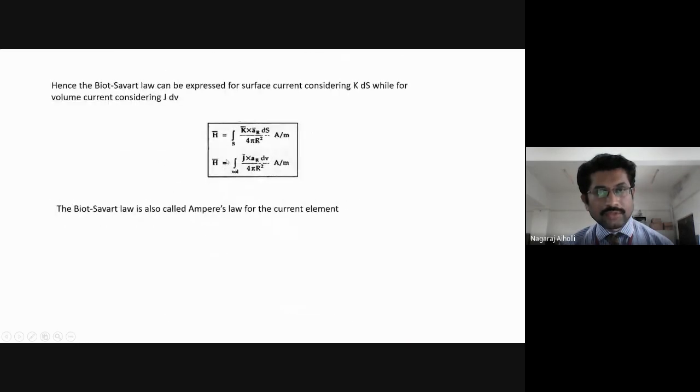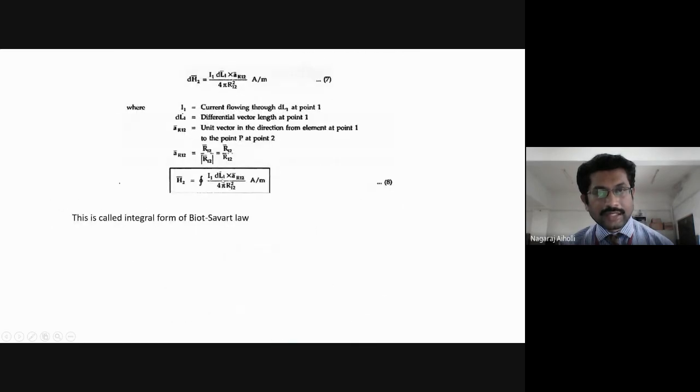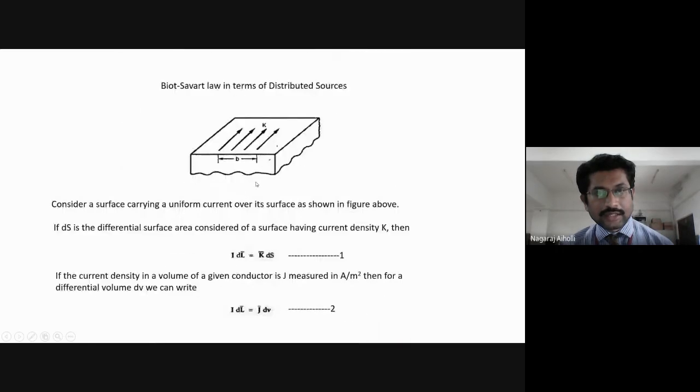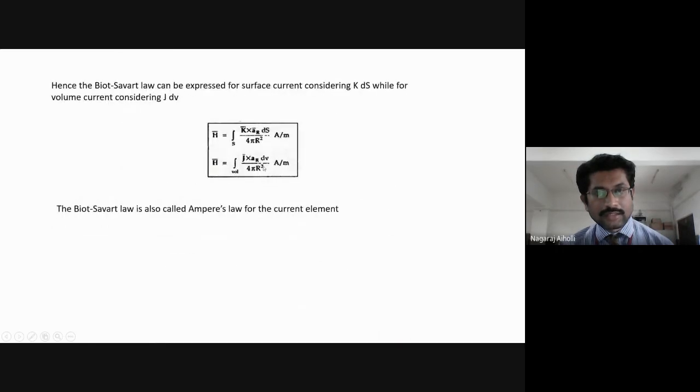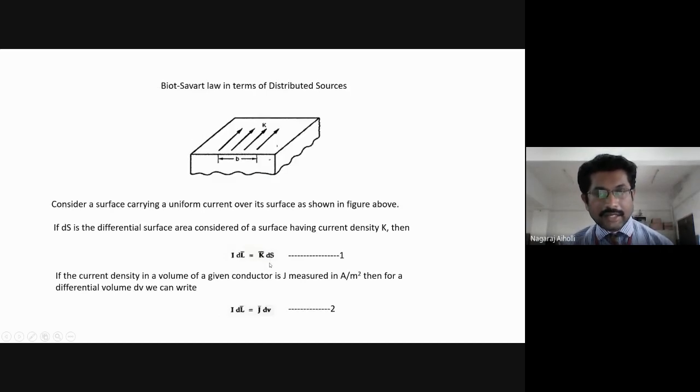H bar is equal to the integral, in the integral form, of J bar dV cross AR bar divided by 4 pi r square ampere per meter. Similarly, in the differential form we can substitute I dl bar as K bar ds and I dl bar as J bar dV.